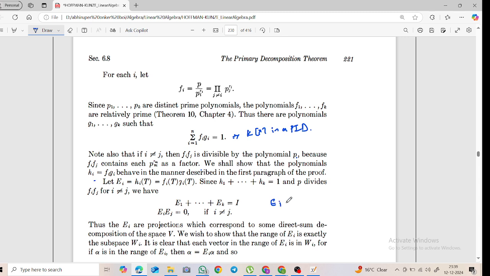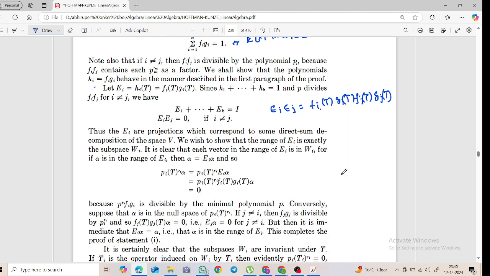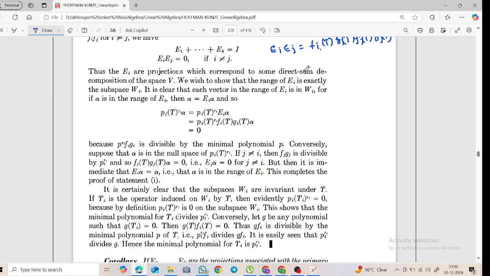Because Ei Ej is nothing but Fi(T) Gi(T) Fj(T) Gj(T). So Fi Fj is divisible by P, so these are 0. Thus the Ei's are projections which correspond to the direct sum decomposition of the space V.